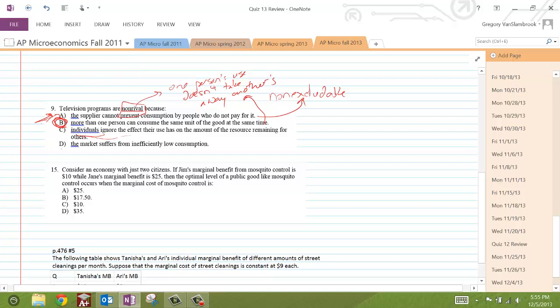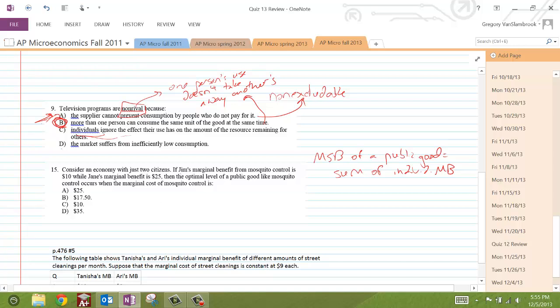One is that, remember that the marginal social benefit of a public good is equal to the sum of the individual marginal benefits from that good. Marginal social benefit is the sum of individual marginal benefits.